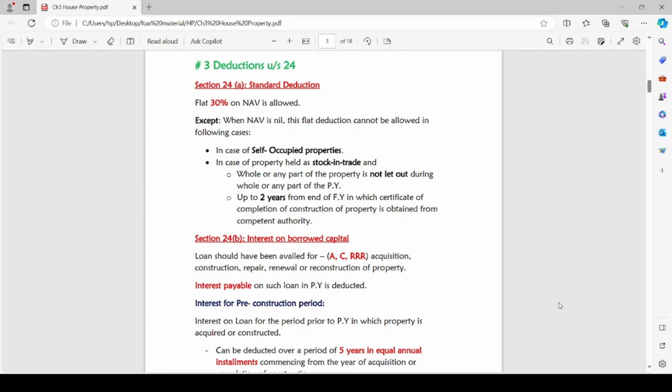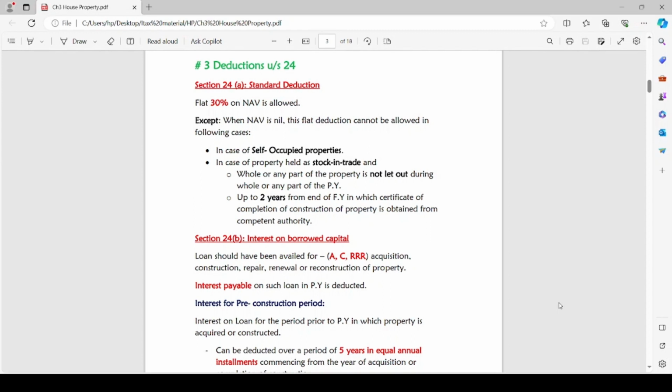The second condition is the whole or a portion of the property is not let out during the whole year or any part of the previous year. The third condition, up to 2 years from the end of the financial year in which the certificate of completion of construction of property is obtained from the competent authority.